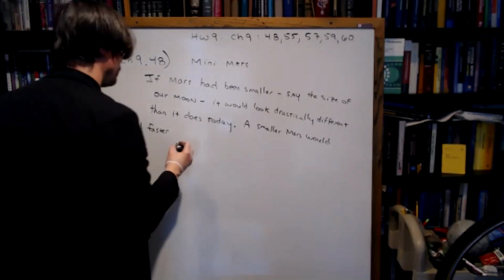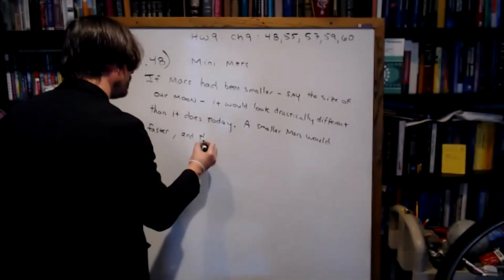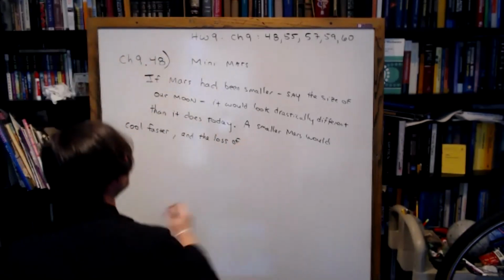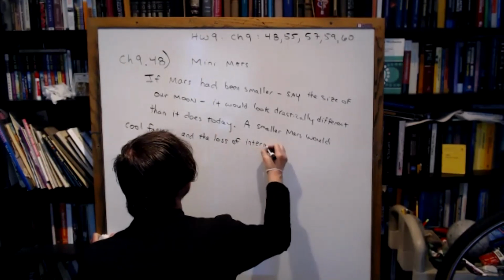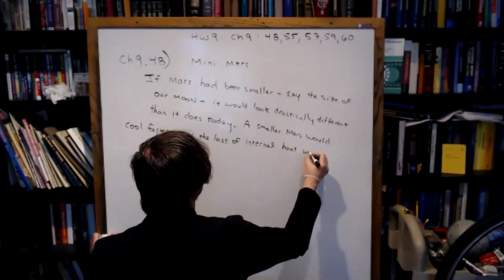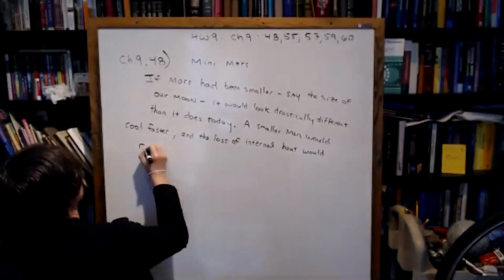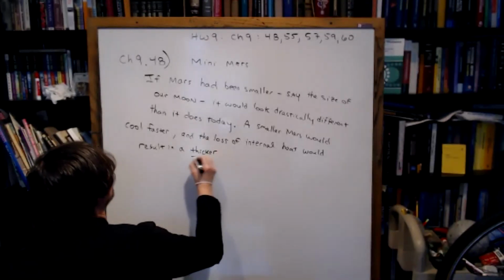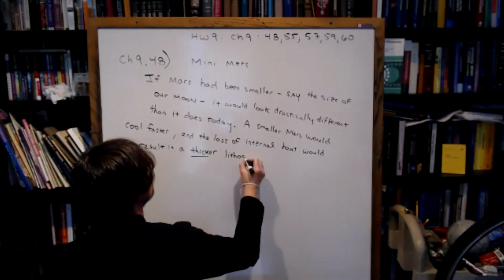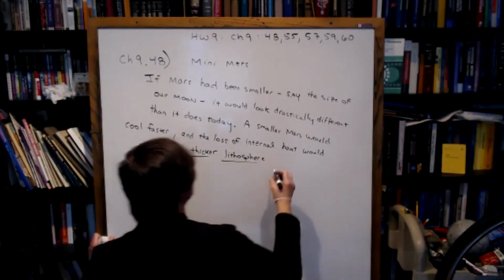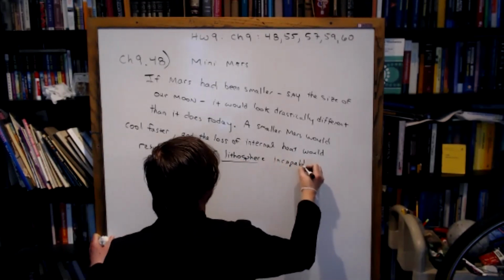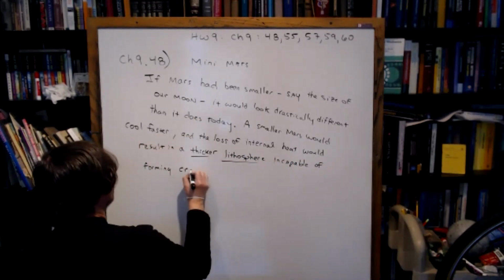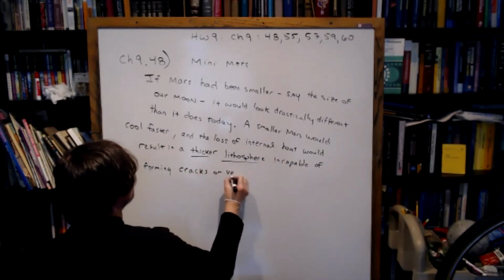and the loss of, let's say, internal heat would result in a thicker lithosphere incapable of forming cracks or vents.